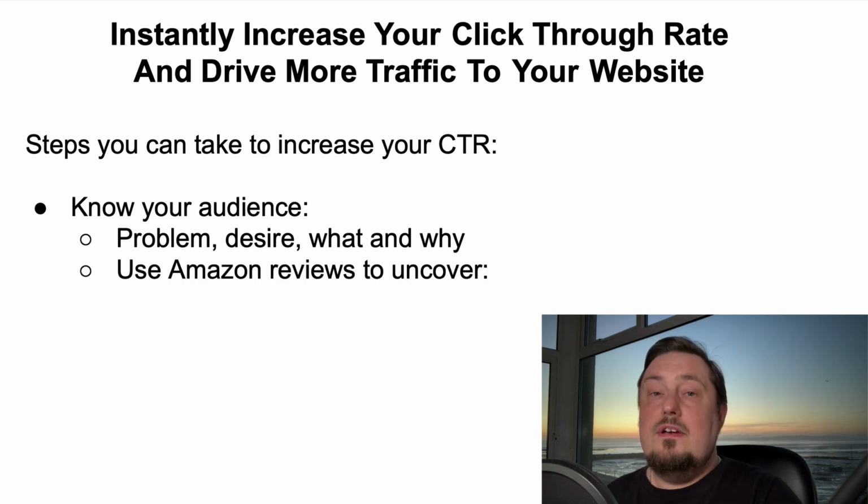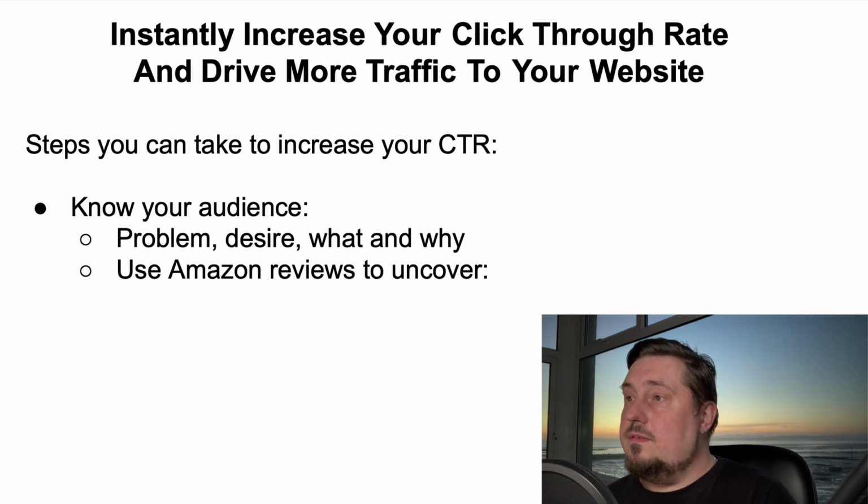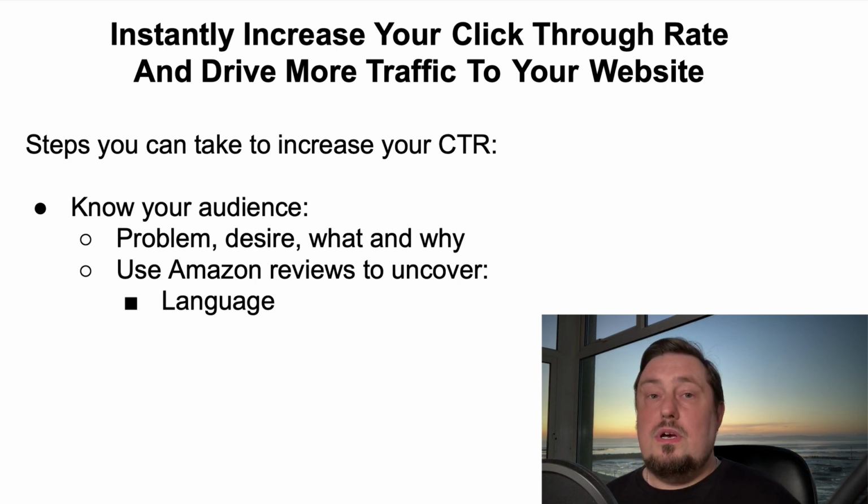To help you figure this stuff out, you can use Amazon. So just head over to amazon.com or .co.uk, wherever, and you're going to look for the reviews on products that are similar to the ones that you're promoting or similar to the content that you create, and you're going to look for language. Now, I don't mean like English or Japanese or German or whatever. What I mean is the lingo, the words that they use.